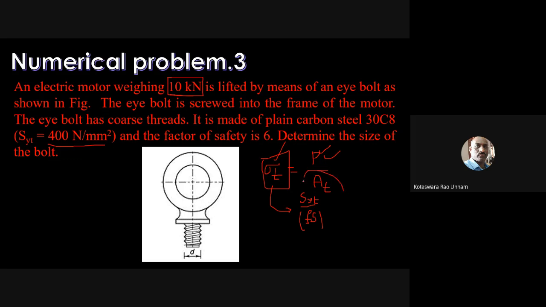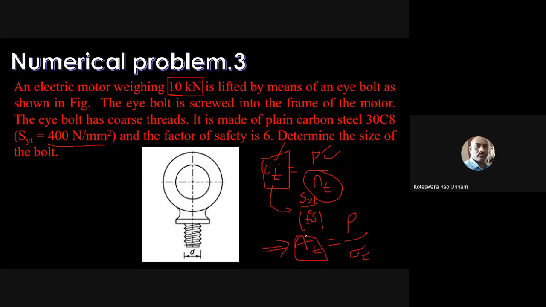So you have sigma T and P given, so I can compute AT now. Once I know the AT value, in the data book I can pick the nominal diameter from the AT value. So if I solve this problem, I can write the expression for AT as P by sigma T. Now I'll get some value for AT.